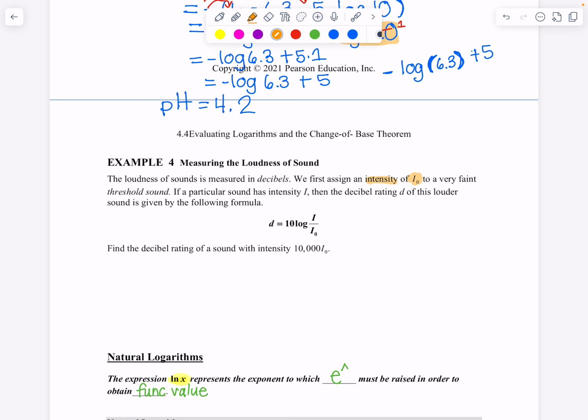Find the decibel rating. So decibel is going to stand for D, right? So here, your intensity is the following. Well, your I, not I sub 0, sorry. Your I, that's your intensity, right? That equals 10,000 I sub 0.